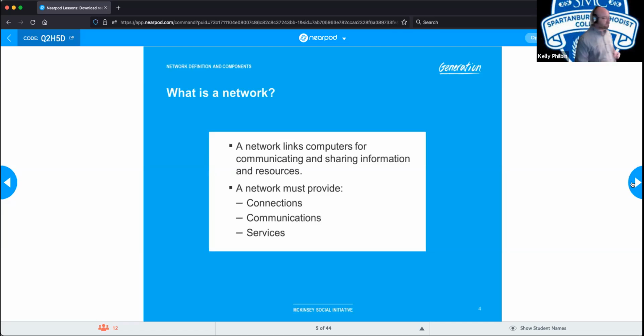It must provide communication, it must provide connections, and it must provide services. Services could be computational power, applications, files, music, movies. It's just different types of resources that could be provided over this network, and ways for these systems to communicate with each other.